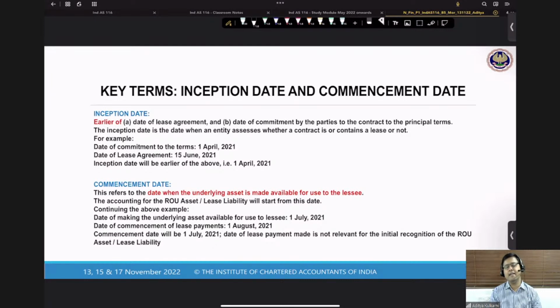Revaluation, which you had in Ind AS 16, you cannot do cherry picking. Once you revalue one asset in a particular class, all the assets of that class should be revalued. So here there is no such requirement. You can do it on a contract by contract basis. Okay, so that takes care of separation of lease and non-lease components.